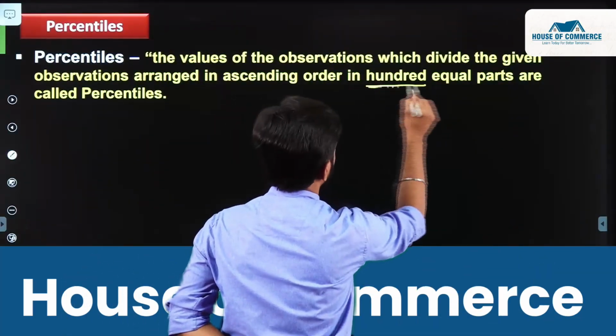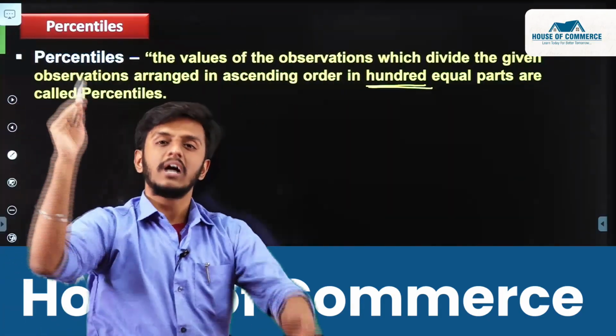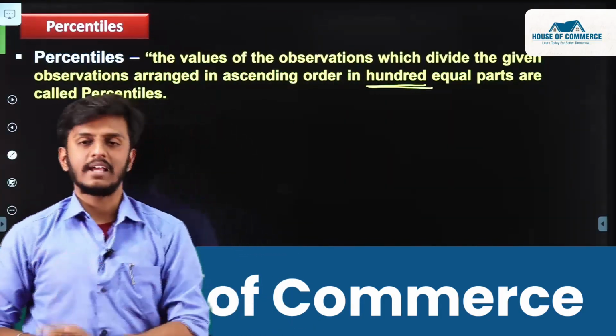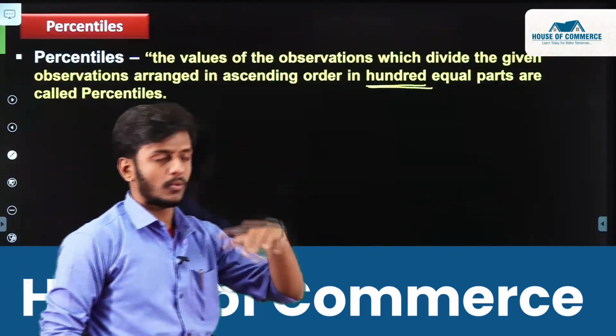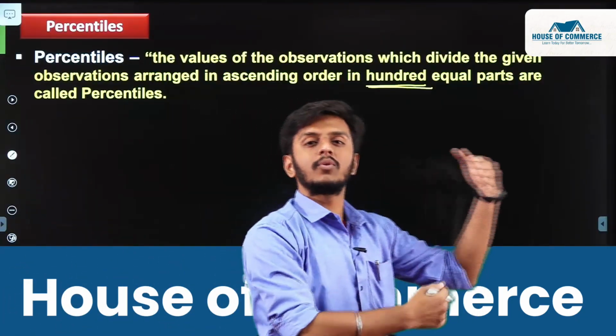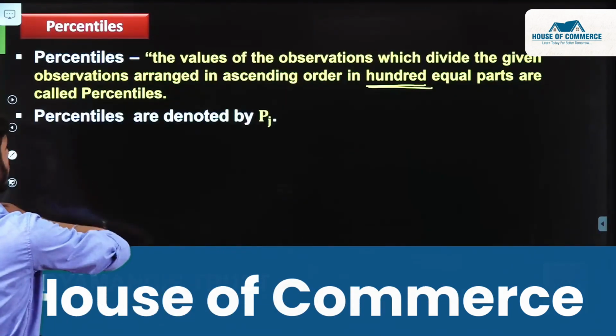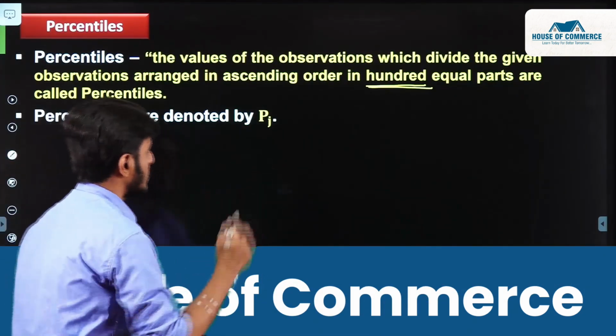Those 99 values are known as the percentiles. We are denoting the quartiles as Qj, the deciles as Dj, and the percentiles as Pj.